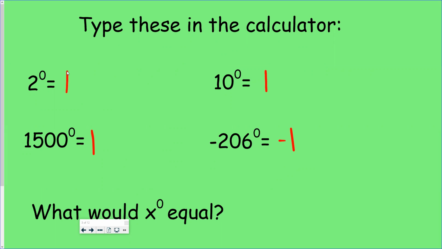Well, x to the 0 power would end up equaling 1. Here's the thing, guys. Anything to the 0 power is always going to equal 1. The reason why that negative 206 to the 0 power is negative 1 is because our calculator is doing this to the 0 power. So whatever is to the 0 power always equals 1.